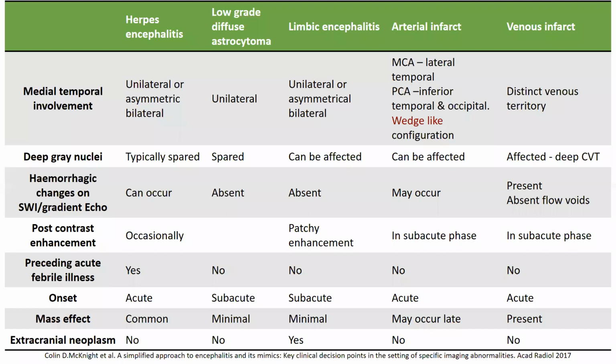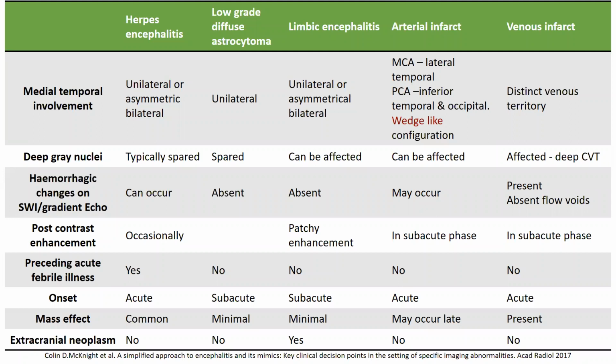So this table will give you an idea. When you compare the differential diagnosis of herpes encephalitis, there is medial temporal lobe involvement, which is unilateral or asymmetrical. When it is symmetrical, it is usually bilaterally present, but it is usually asymmetrical in a patient with herpes encephalitis. A similar picture you can get in a patient with limbic encephalitis also.